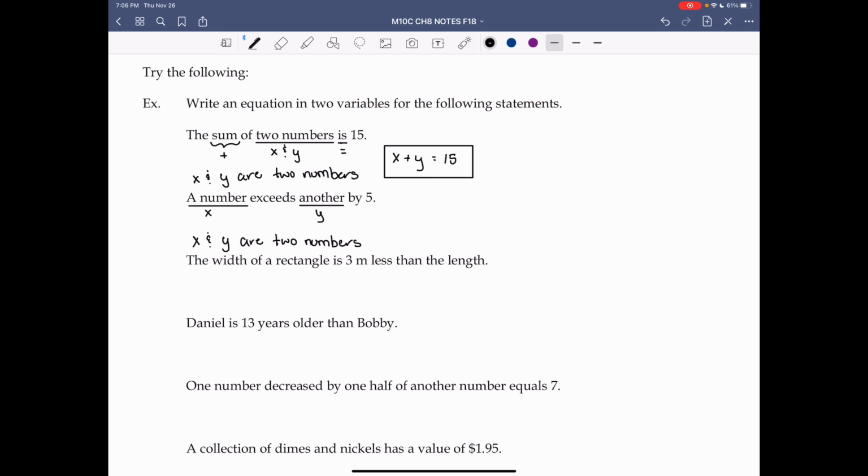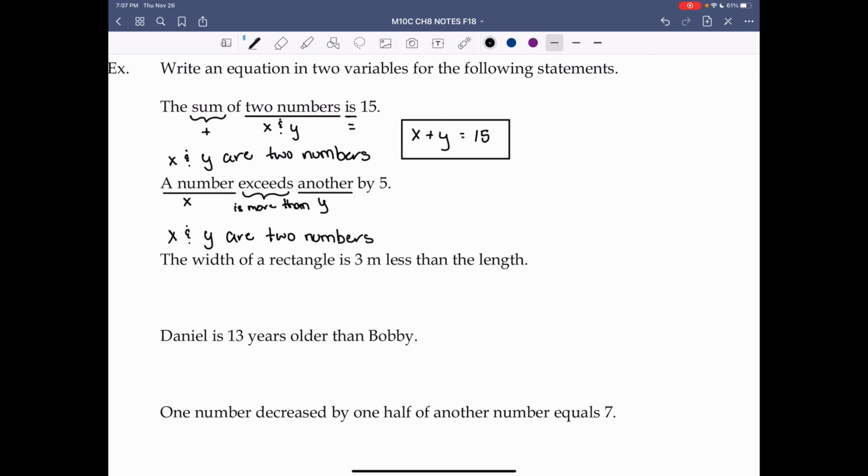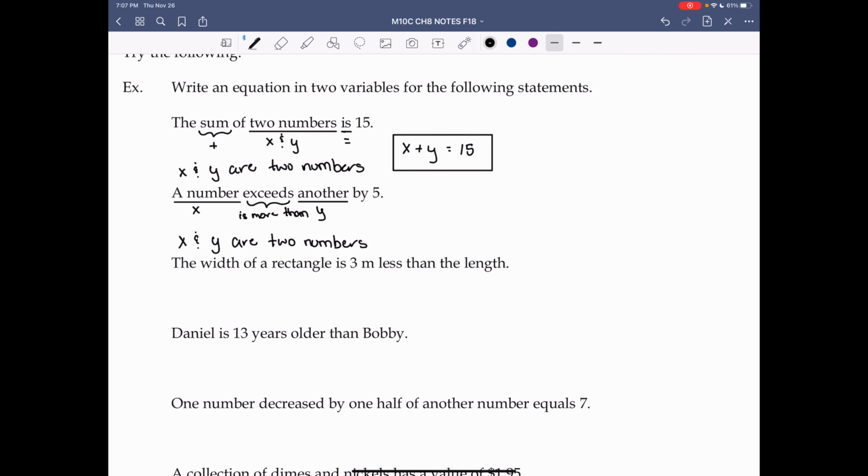What does exceed mean? It would mean is more than. So x is more than y by 5. That means x is bigger than y, and it's bigger than y by 5. So if we wanted to write an equation, we could write x is equal to y plus 5.